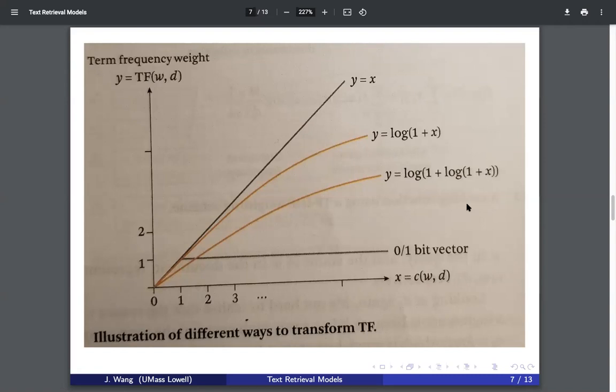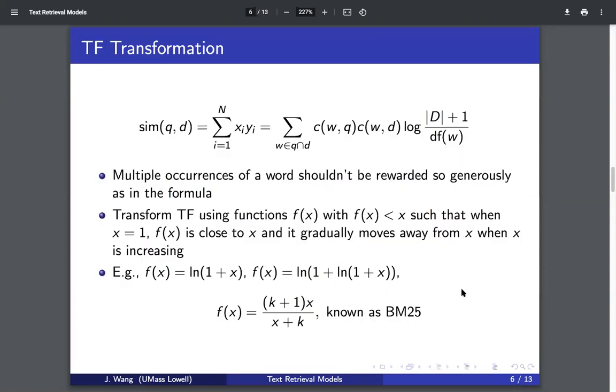That's what we are having here. And for text retrieval, this is a better function. This is f(x), which is equal to (k plus 1) times x over (x plus k).